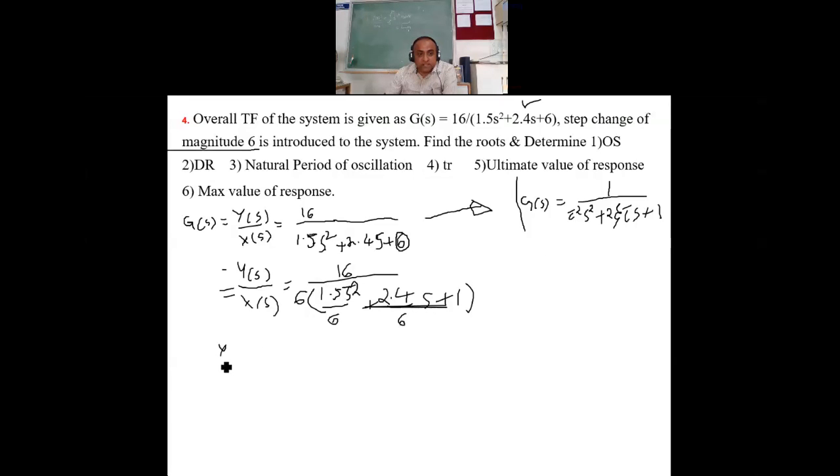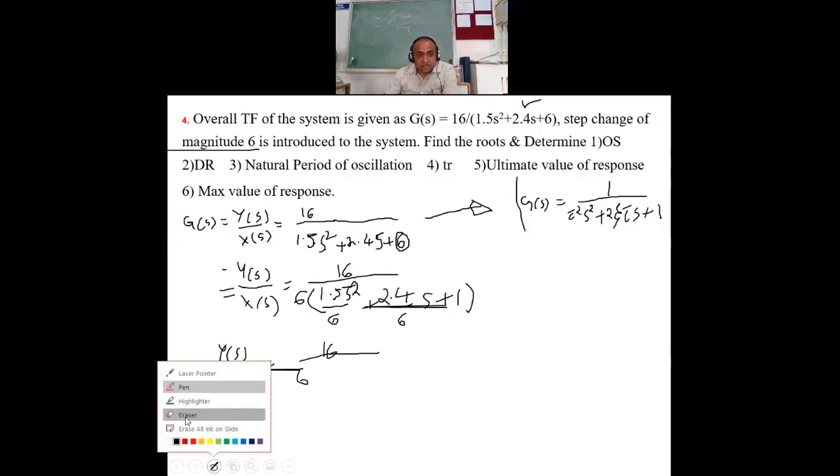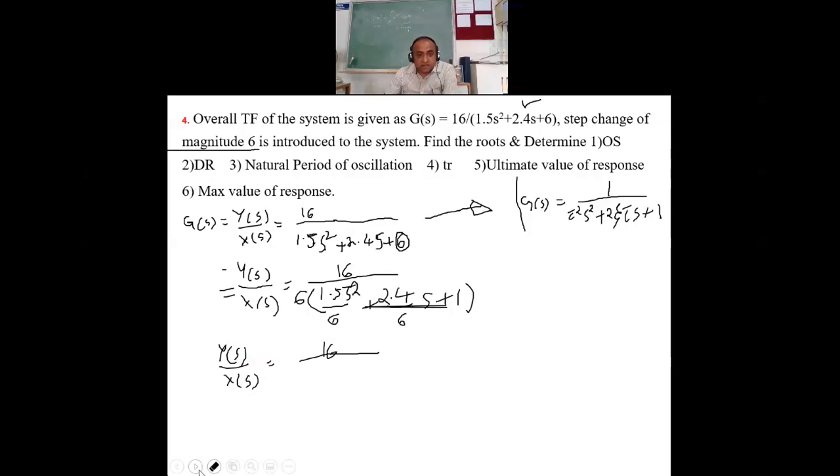If you rearrange it, what you get is 16 divided by 6, with 6 in the numerator, divided by what is 1.5 divided by 6? Please check what is 1.5 divided by 6.